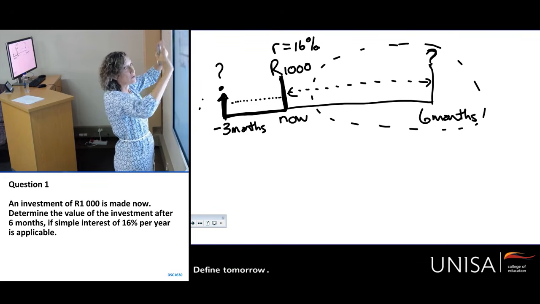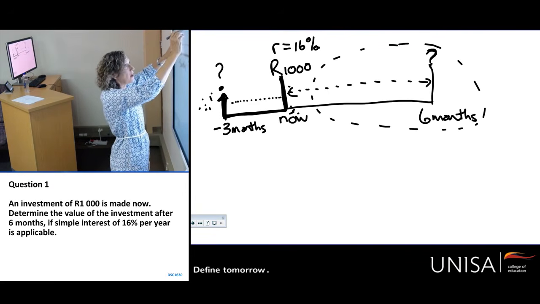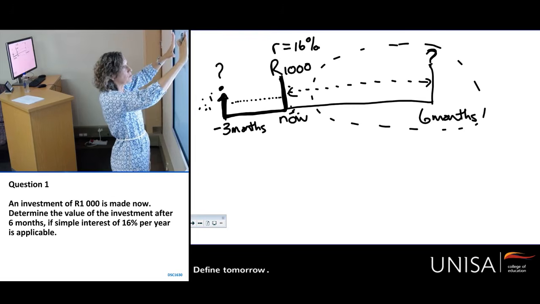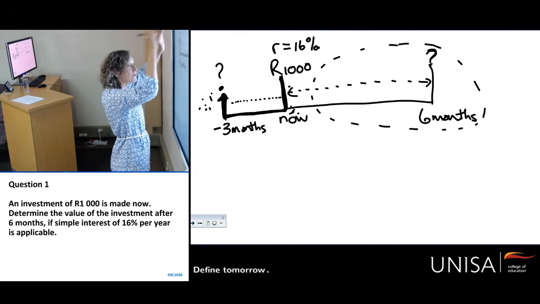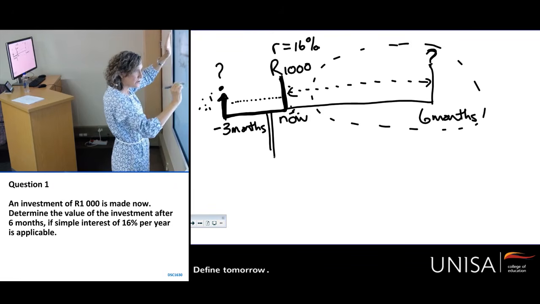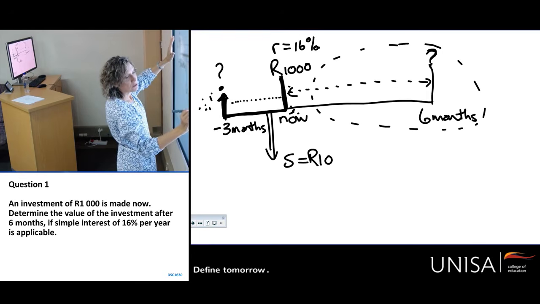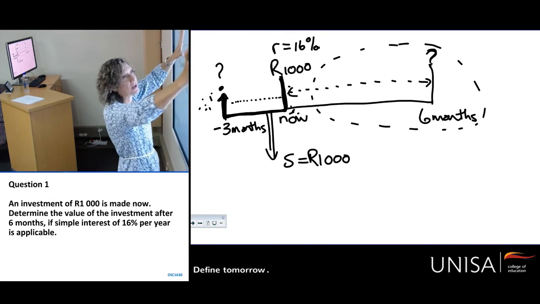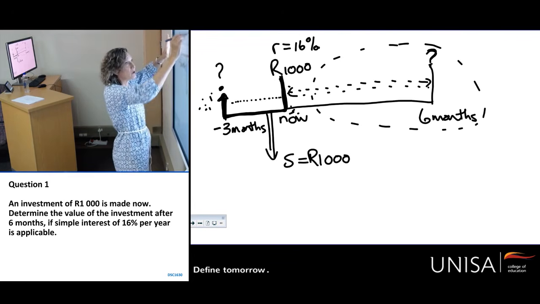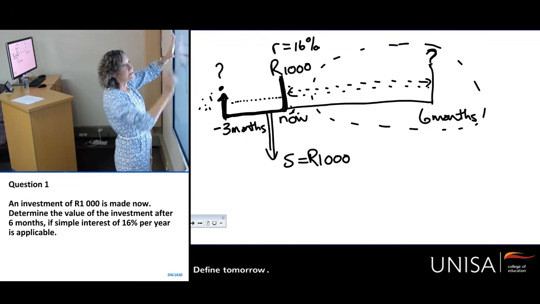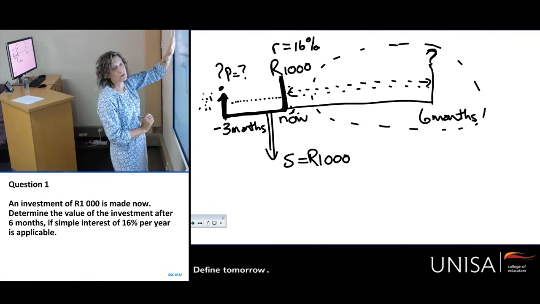I always say put your hands on the timeline. Then you can see that this 1,000 Rand, we're working with that part. So the 1,000 Rand for this calculation is S, although in the first question it was the P value, because we worked with that part. Now we're working with this part over here. S is your 1,000 and P is the value we don't know.